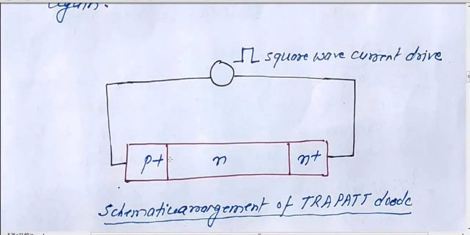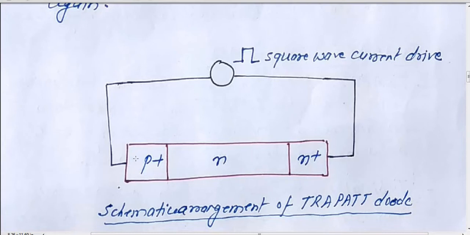As we can see here, this is P plus, this is N, and this is N plus. Although for higher power levels, an N plus, P, P plus structure is better. Silicon is also typically used in the fabrication of these particular devices.